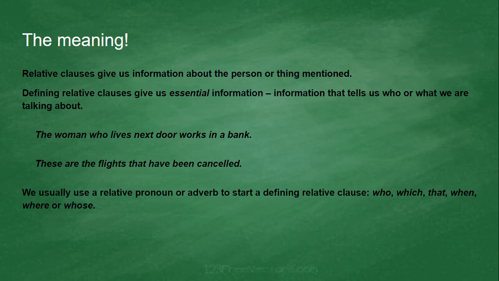We usually use a relative pronoun or adverb to start a defining relative clause: who, which, what, that, when, where, or whose. Right? That's a little information about the meaning of a relative clause. Now let's continue.